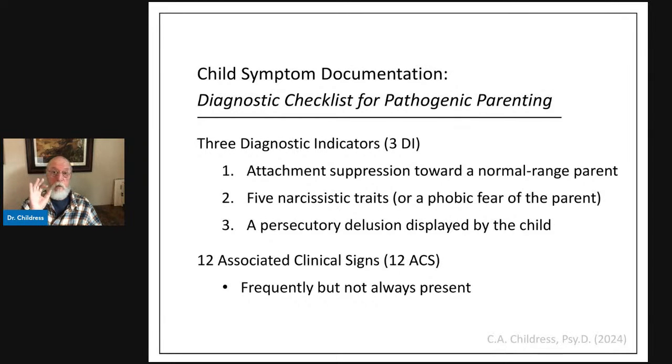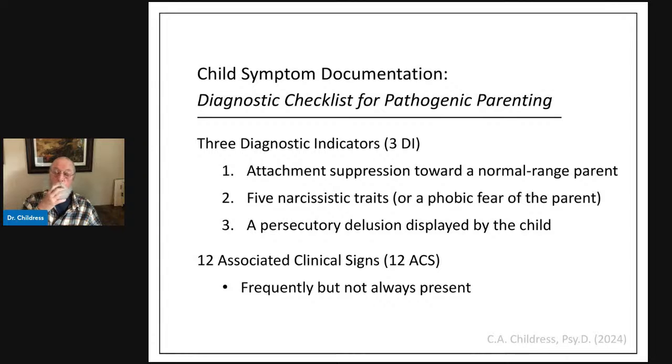The diagnostic checklist for pathogenic parenting identifies 3 diagnostic indicators. Attachment suppression towards a normal range parent, and that's your factitious disorder imposed on another, factitious attachment pathology. A child does not reject a normal range parent. 5 narcissistic traits or phobic fear displayed by the child, and all of these are false symptoms. And children don't have a narcissistic personality disorder.